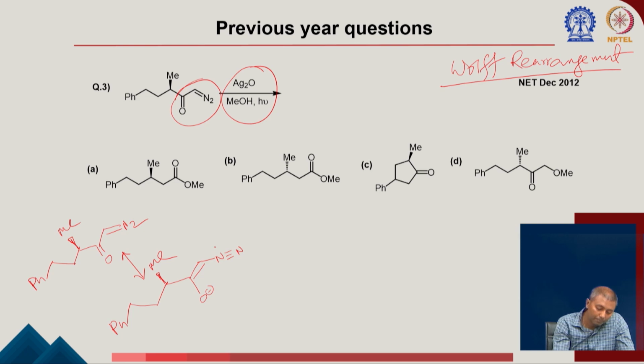Now you can think about, from here, in place of silver oxide, in H nu, what is happening? It is converting to the corresponding ketene.